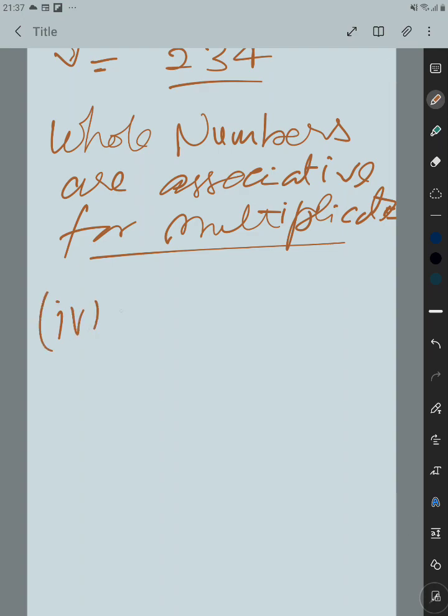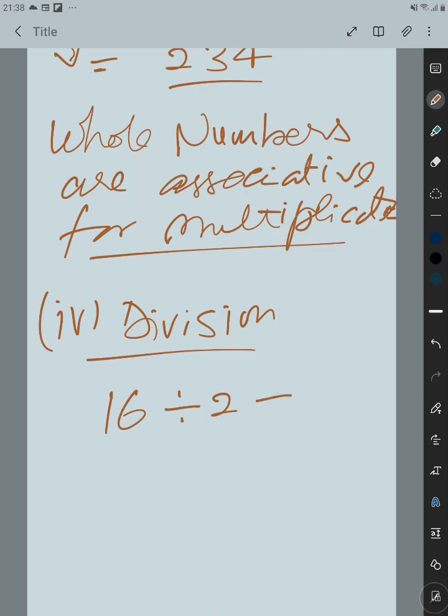Now the fourth one is the division. For division, we have to see some example and explain how you can reach any conclusion. For example, let's take 16 divided by 2 divided by 4.